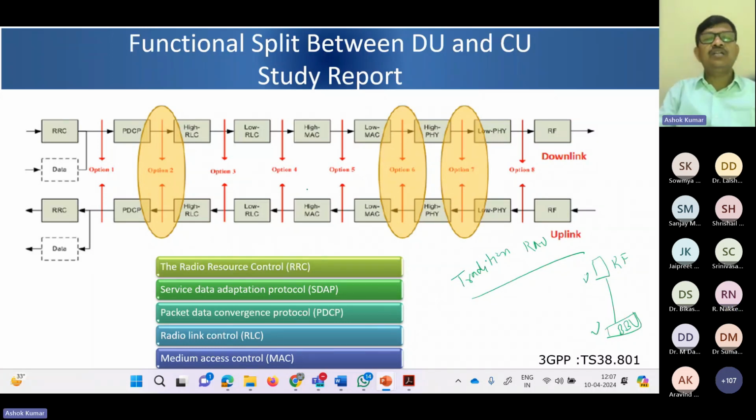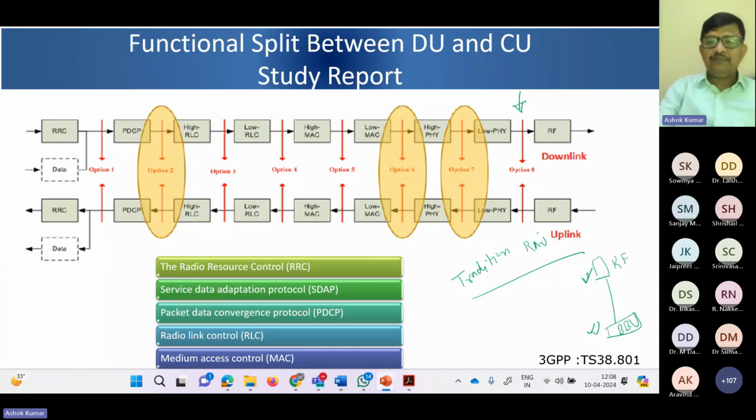Whether I'm using split 1, 2, 3, 4, 5, 6, 7, or 8? The answer is 8, because only the RF part is at the top of the antenna, and the entire other things are taken over by the BBU. So basically I'm using option 8 in a traditional RAN.